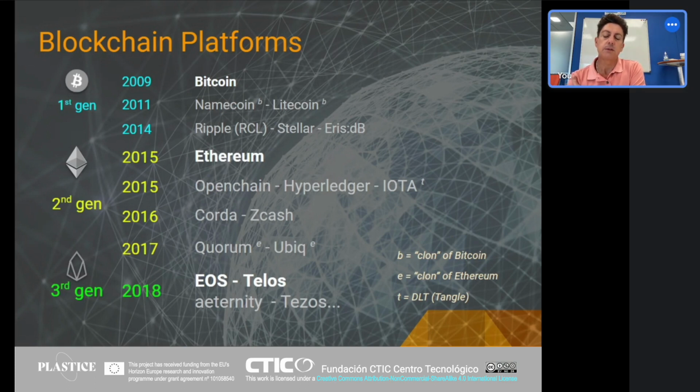We can talk about EOS.io. Telos is just a flavor of EOS. We have also Eternity, Tezos, Corda, many other type of chains that added a new consensus algorithm that was more focused on sustainability, to consume less energy, for instance, and also they focused on governance of the network, adding some features to allow the general public more control over the network.